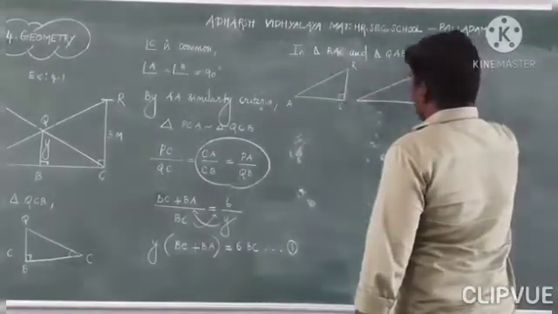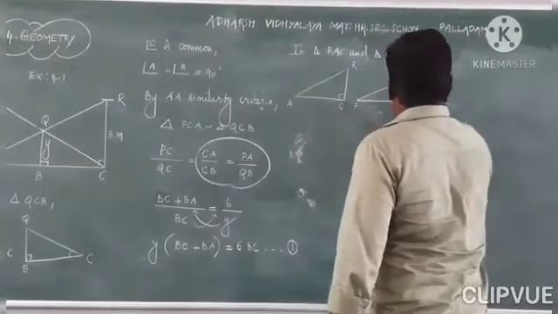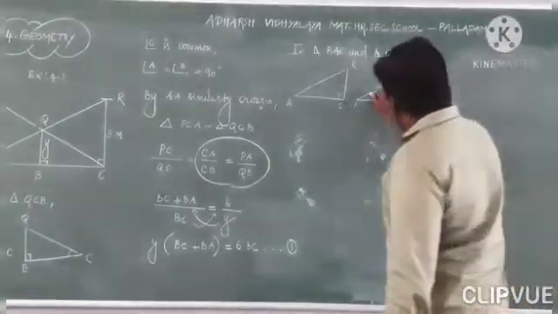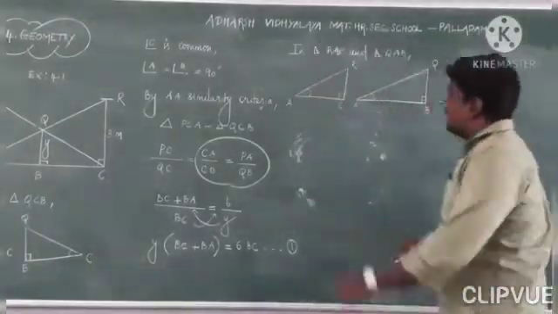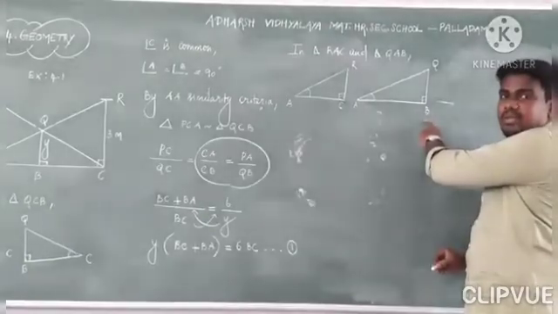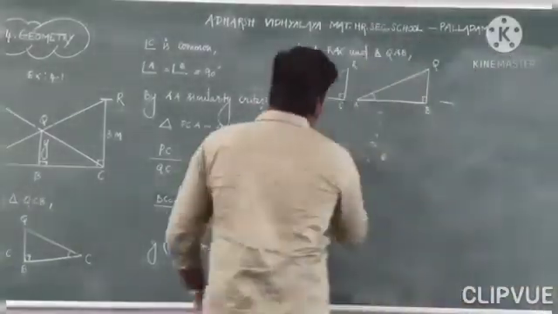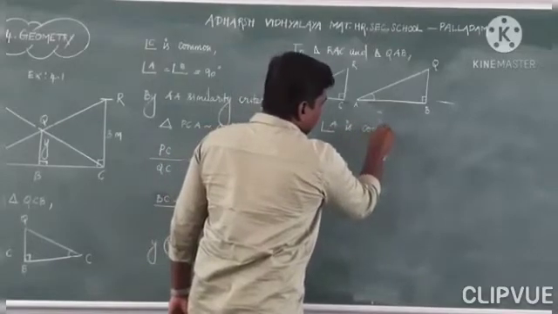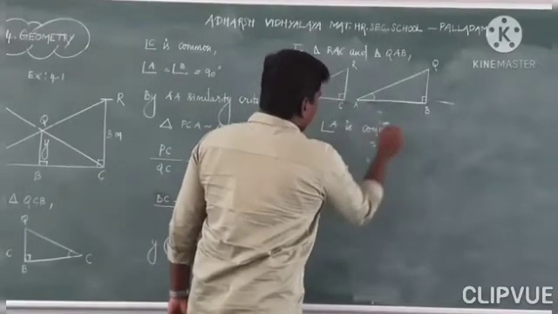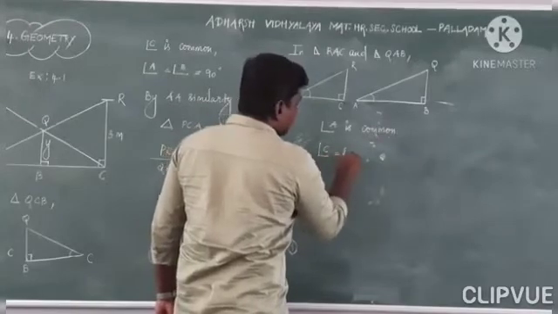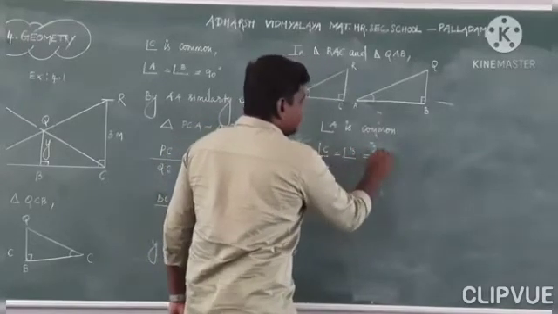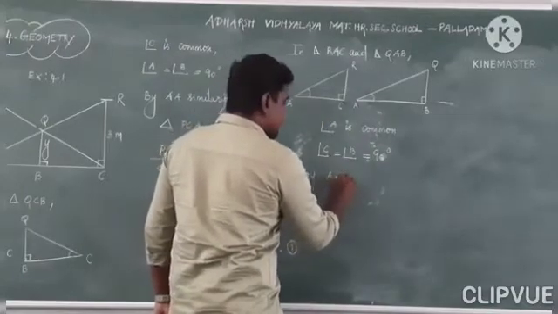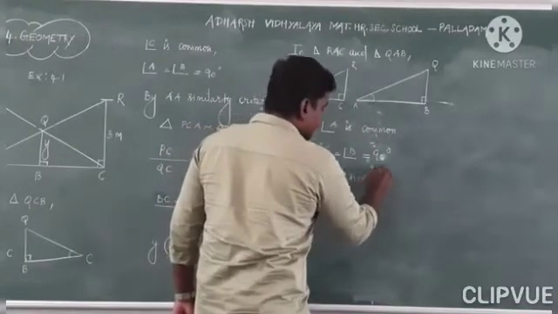Small triangle QAB, where B is 90 degrees. Here angle A is common, and angle C equals angle B equals 90 degrees, by angle similarity criteria.